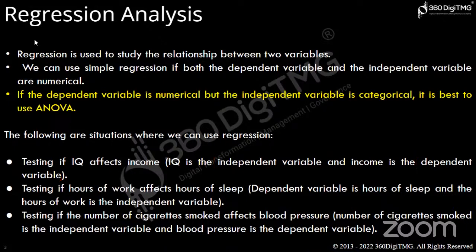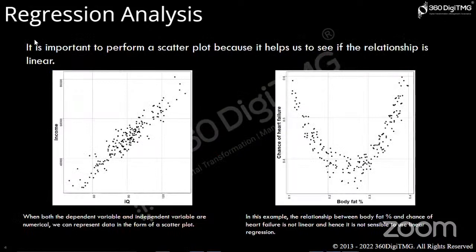How do we take these values? I am going to take these values in a scatter plot. Here I have plotted IQ, and here I have plotted income. What we discussed is that if the IQ value is increasing, my income will be increasing. That is the general perspective, right? What is happening here? I can see a straight line, and all the values are lying near it.